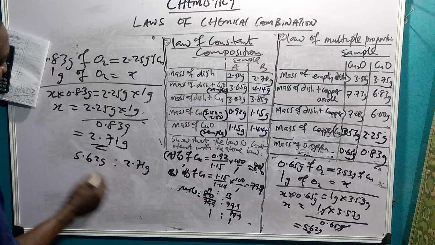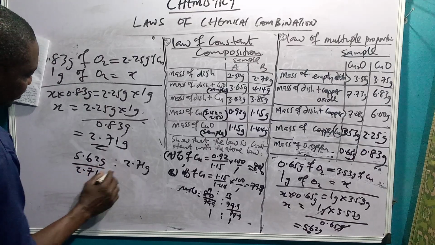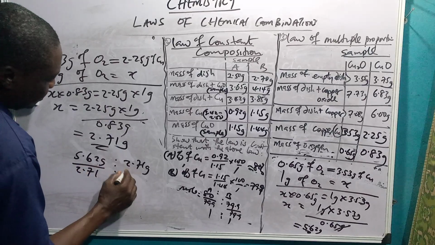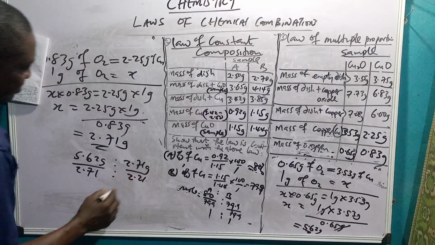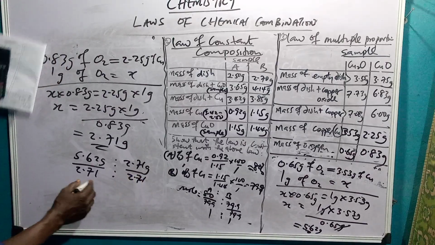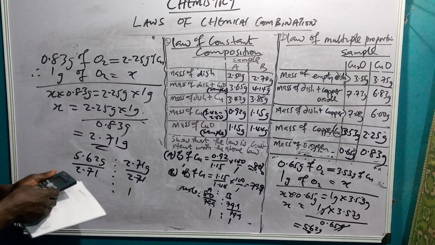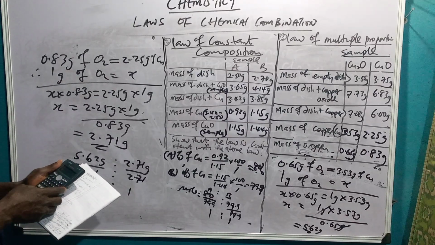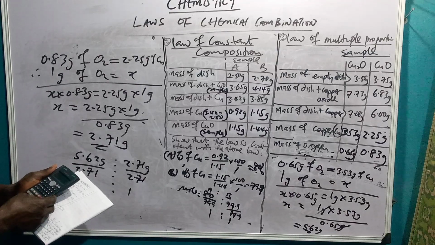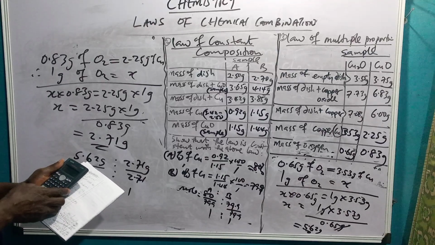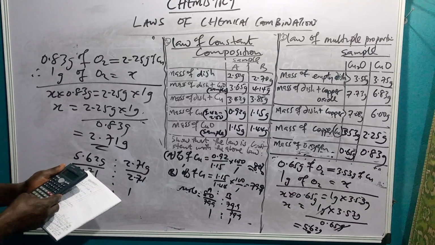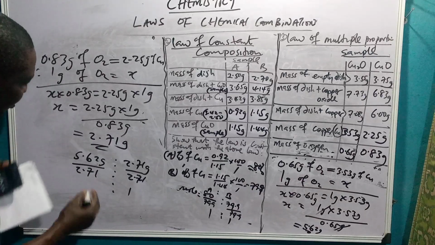So divide by the smallest, 2.71. 2.71 divided by 2.71 automatically gives us 1. Let's see what the other will give us. 5.62 divided by 2.71 gives you 2.0. So it gives us 2.